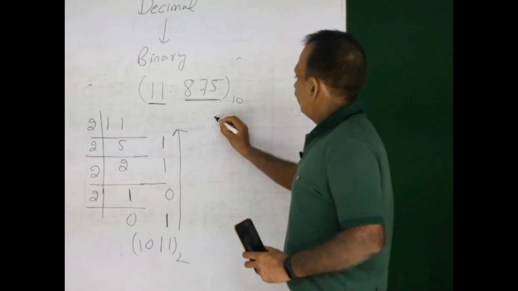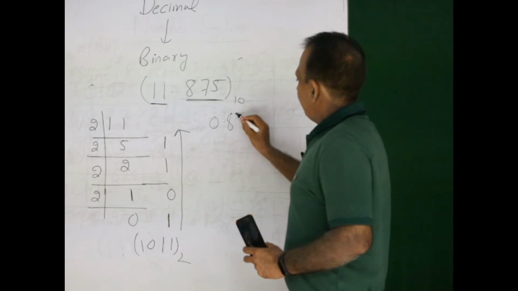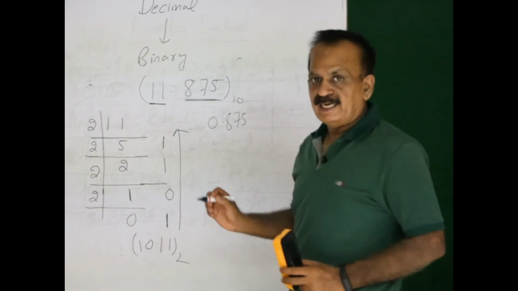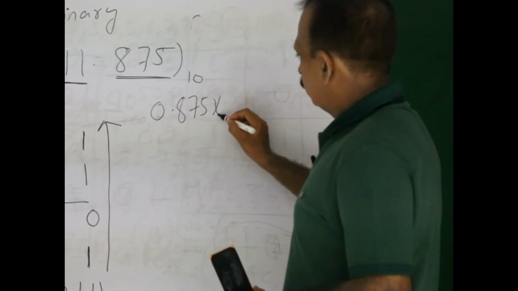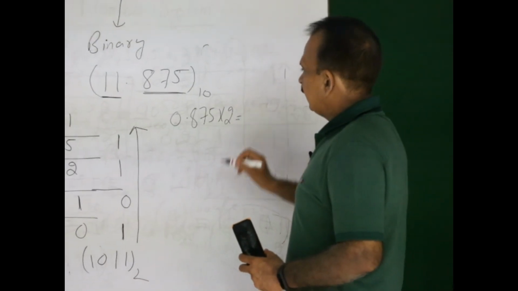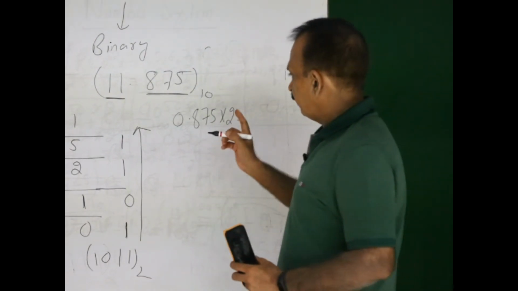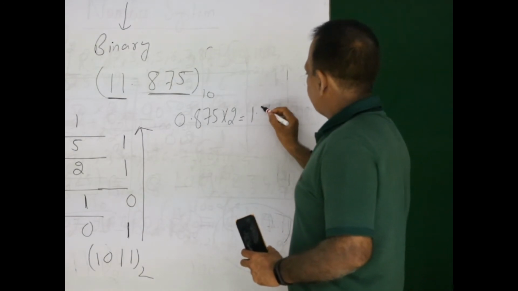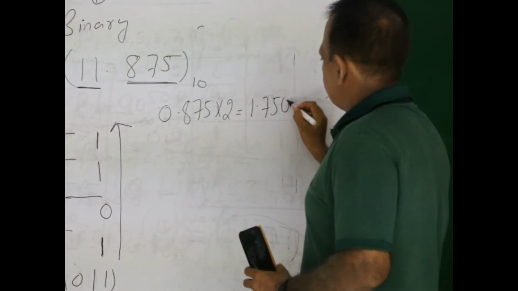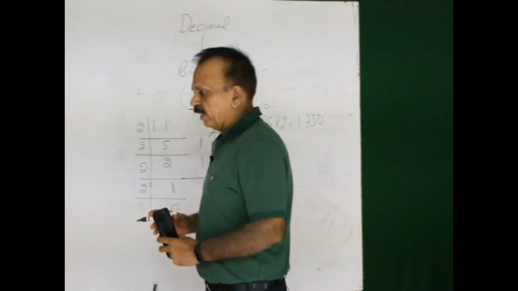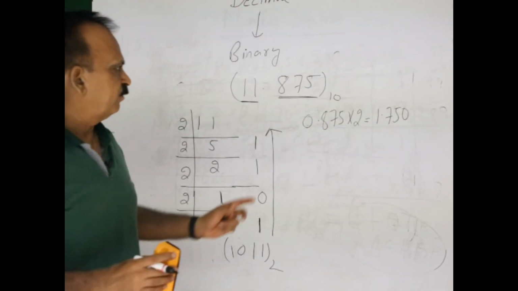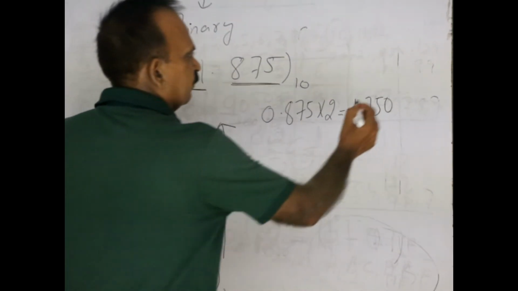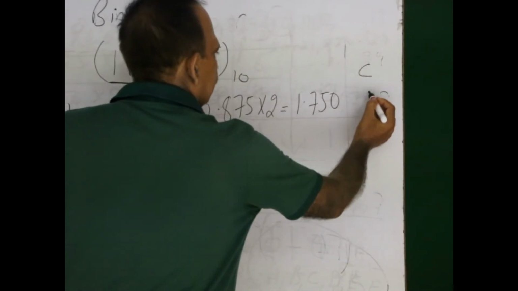Fractional part, it is 0.875. As I said, we will be multiplying by 2 and writing the carry part. Now, if I multiply this by 2, it will be 1.750. The carry here will be 1.